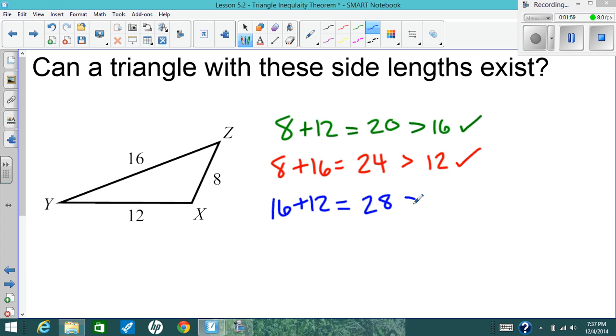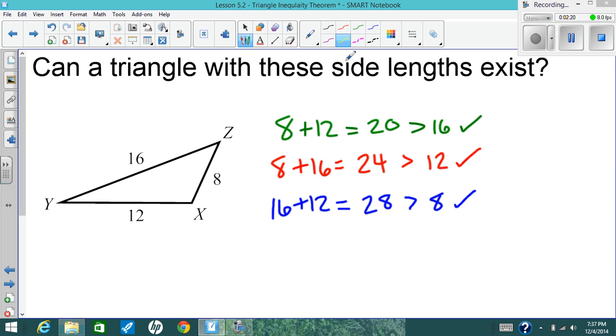That needs to be greater than 8, which of course it is. So this triangle can exist because any two sides add up to be greater than. Remember, this is the greater than symbol. Any two sides that I pick add up and they are greater than the third side.